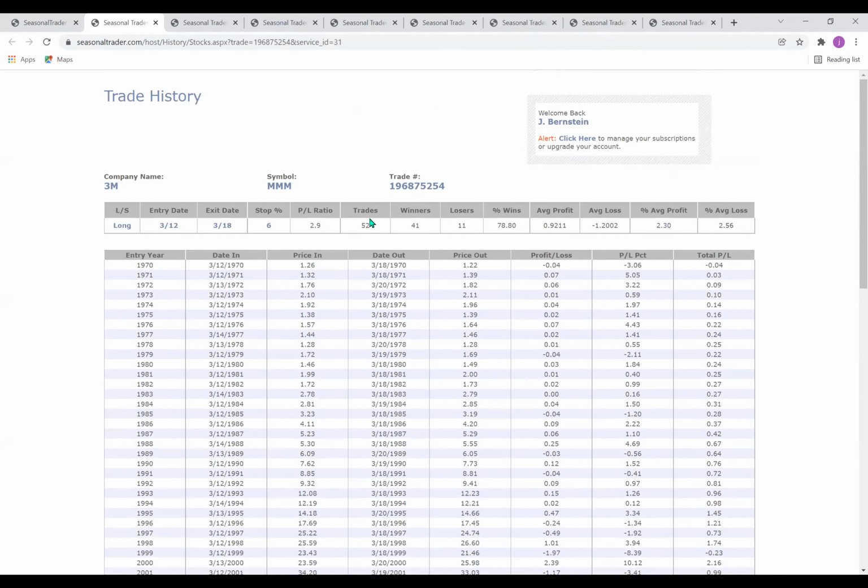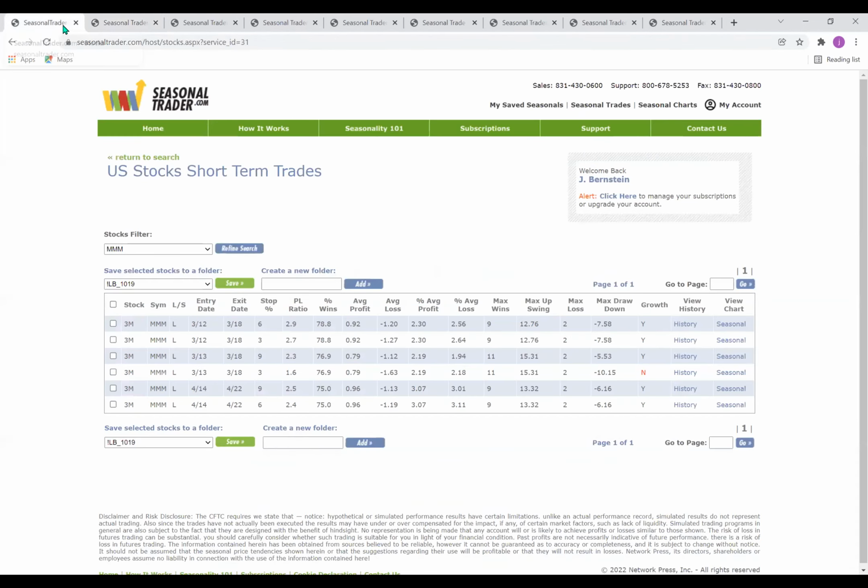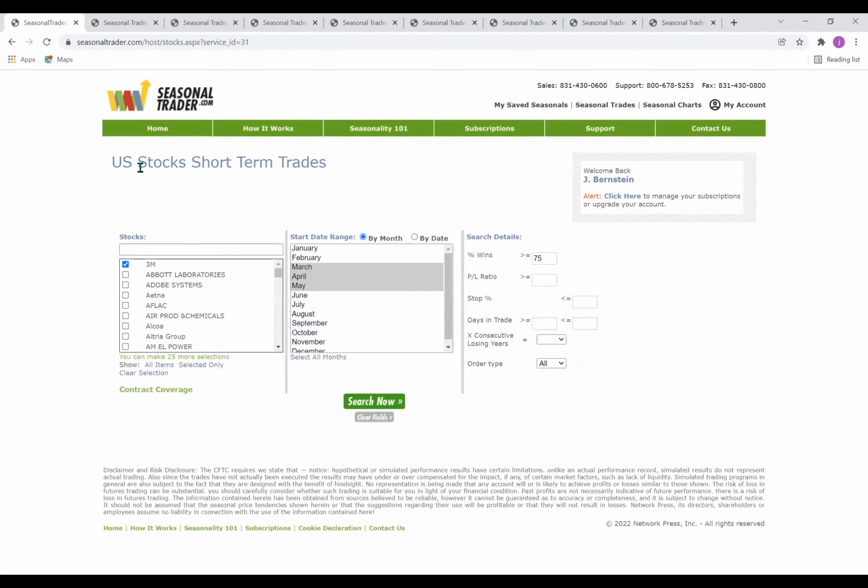We can also search, let me go back, a group of trades. Example, let me go back one moment, please. Return to search. So if I wanted to make a portfolio for the month of February, I wanted to look at maybe 10 different stocks, like so, and build my portfolio like so.